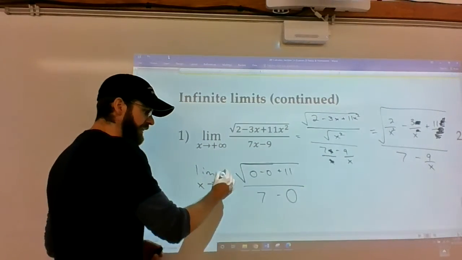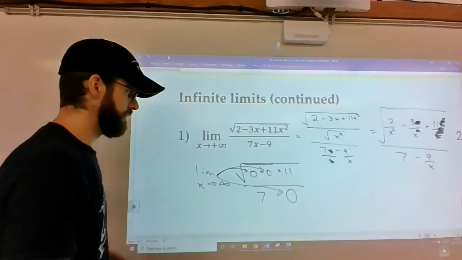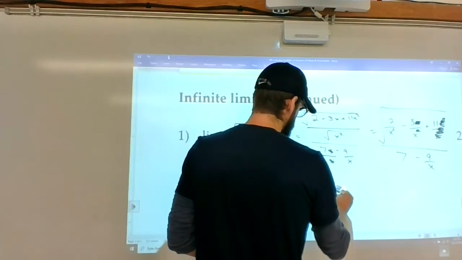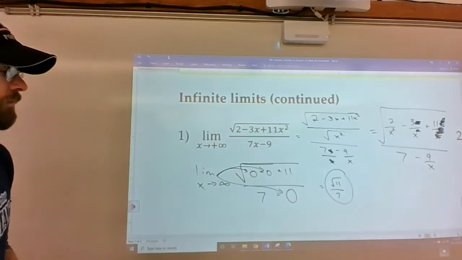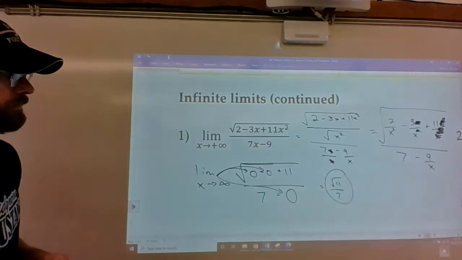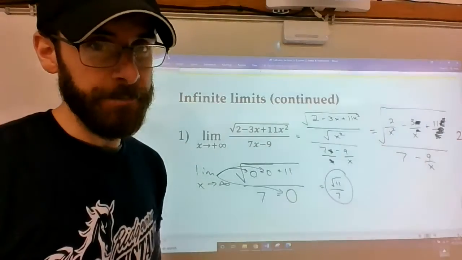That's what happens when I apply the limit to these parts, which leaves you with root 11 over 7. Let's check out what happens when you approach negative infinity, because it is different.